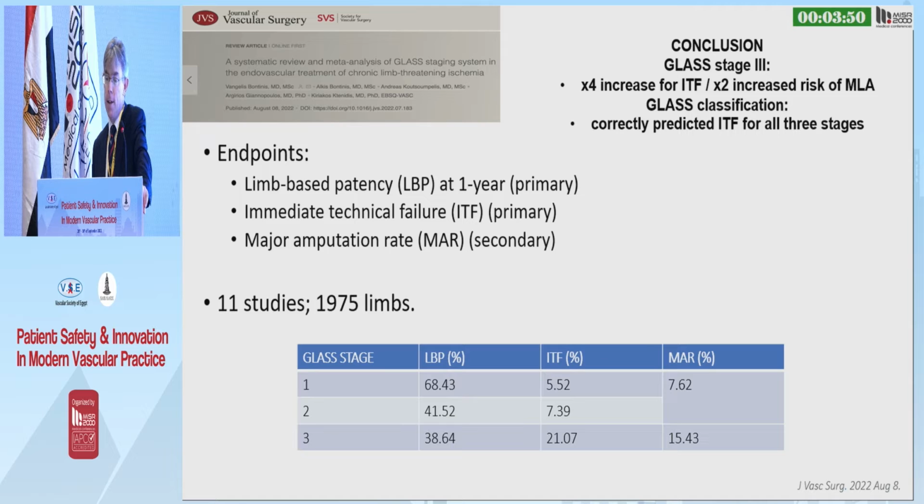So the data we have at the minute would suggest, and I don't think it's rocket science, that the more atherosclerotic burden you have in your infrainguinal tree, the worse your outcomes are with endovascular interventions, and perhaps you should be considering surgical bypass here.